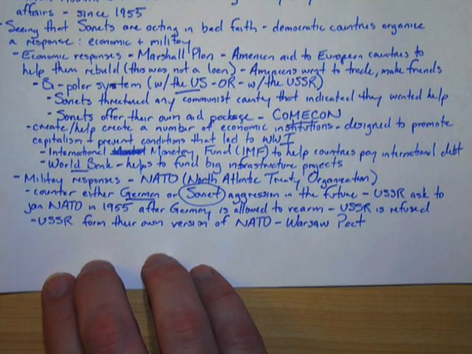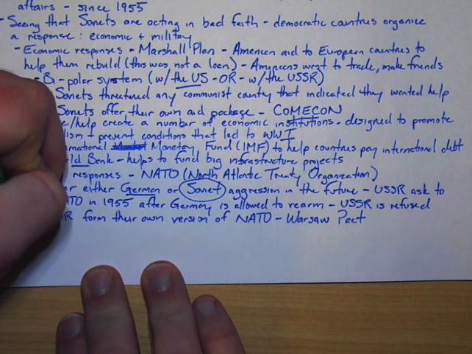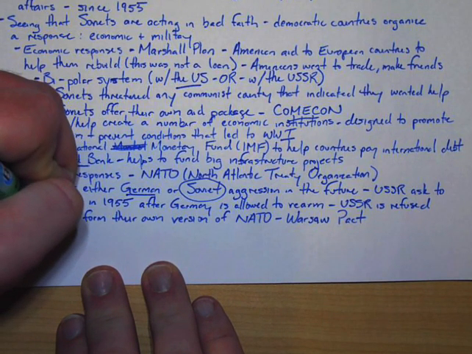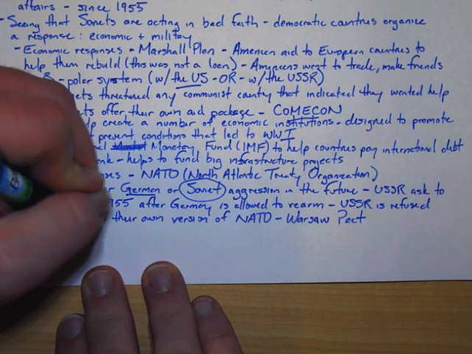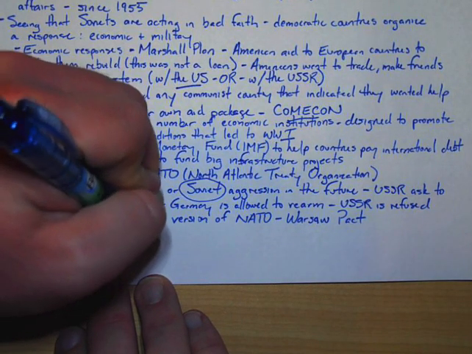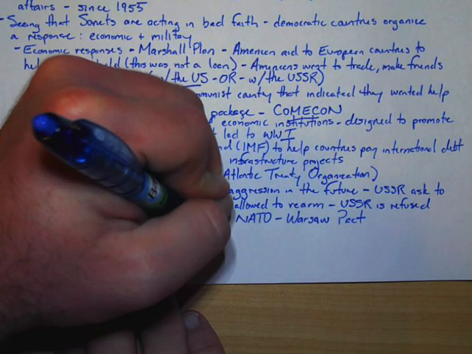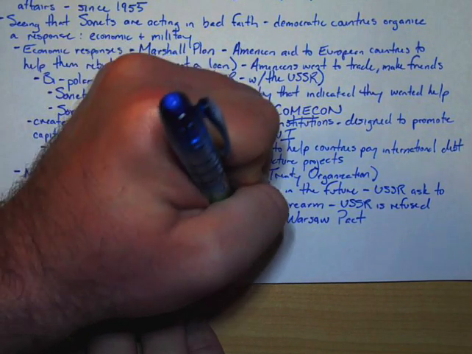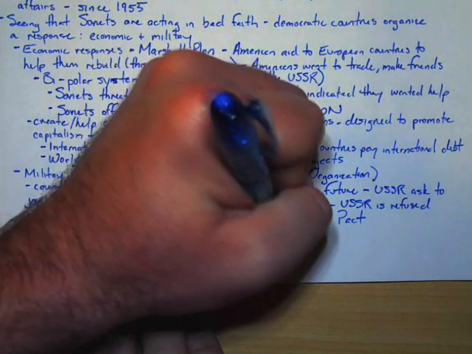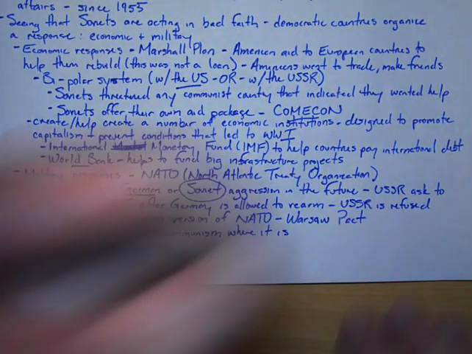The big policy of NATO was this idea of containment. Contain communism where it is. And at first, it seems to work.